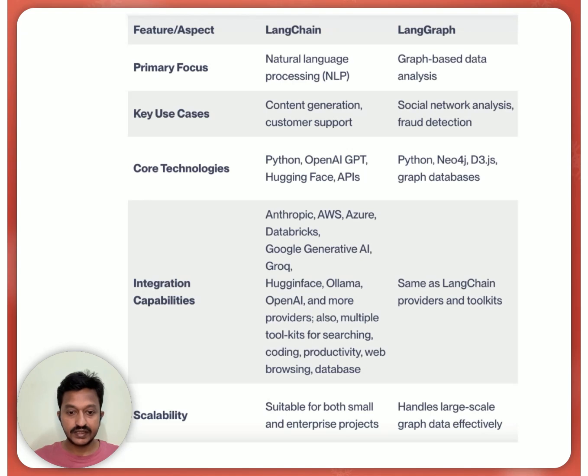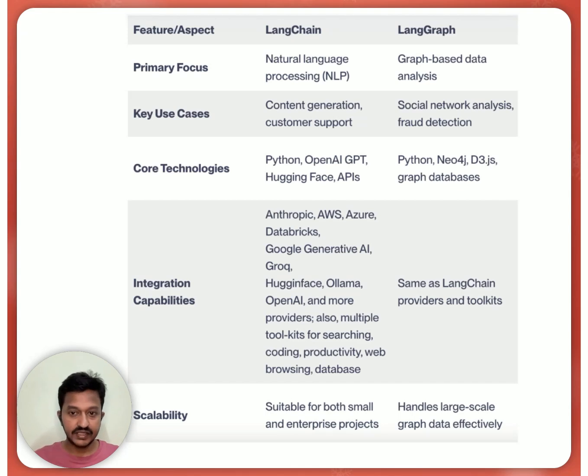And the integration capabilities: LangChain has different integration capabilities with different LLM providers, Anthropic, AWS, Azure, Databricks, and much more, right? Google Generative AI. And then LangGraph is the same as LangChain for providers, and it has toolkits, same as LangChain.